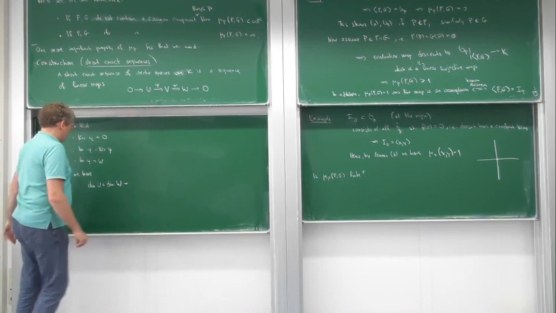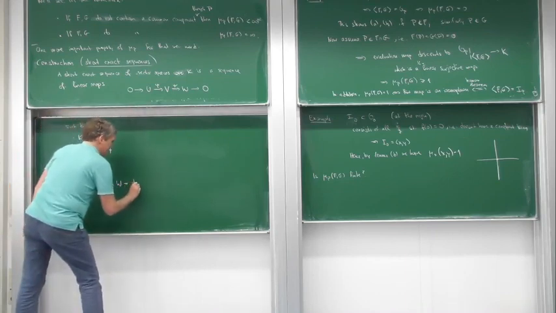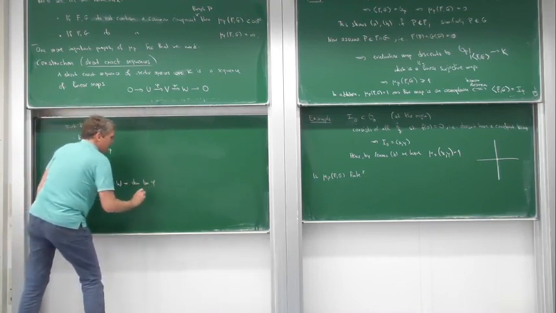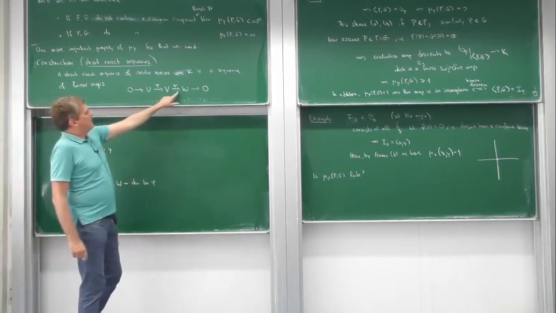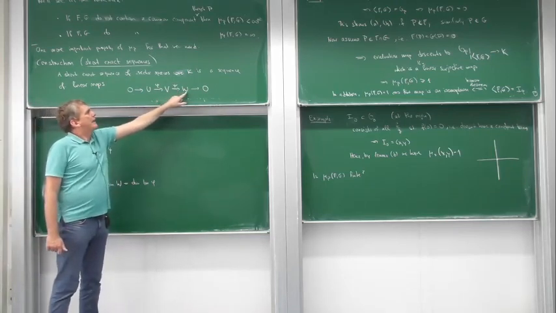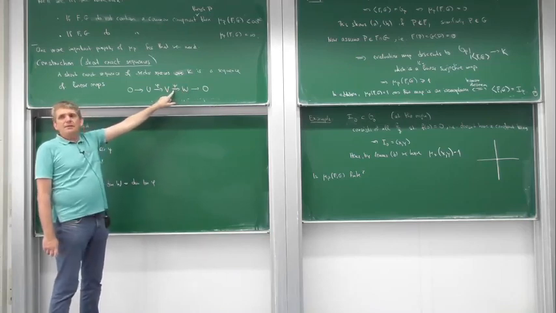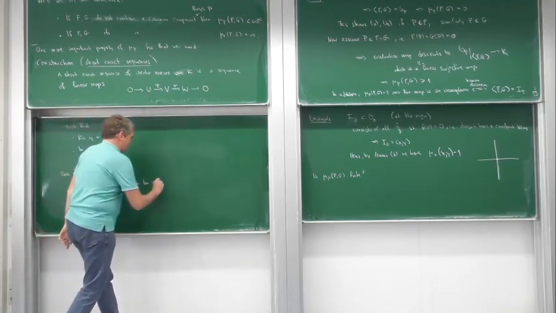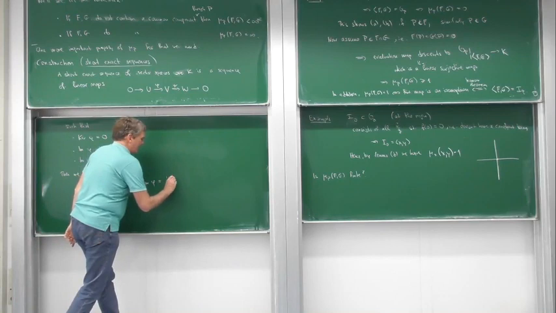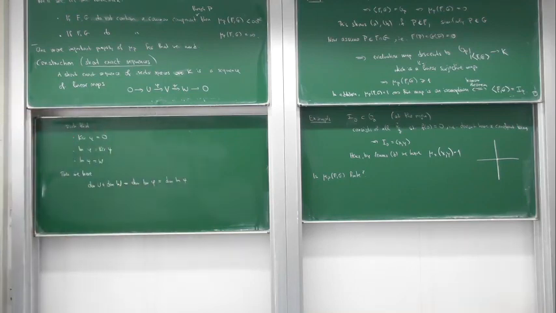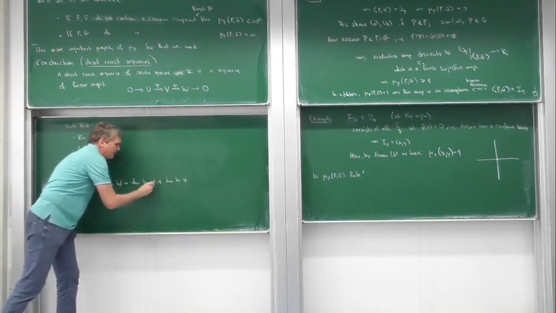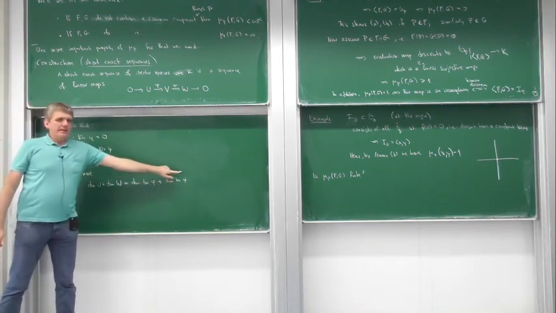So the image has the same dimension. I can write this as the dimension of the image of phi. The last map is surjective, so W is the image of psi. I can write this as the dimension of the image of psi. So that works. That's U, that's W.